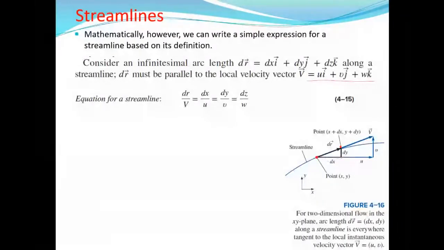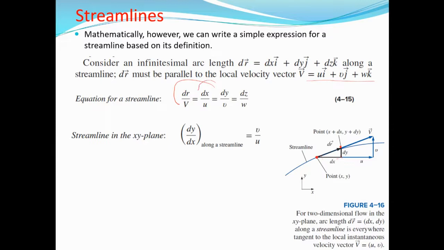So dr divided by V is equal to dx divided by u, which is equal to dy divided by v, which is equal to dz divided by w. And then from here, if we take any two of these equations, dy/dx will give us v over u, which is along a streamline.